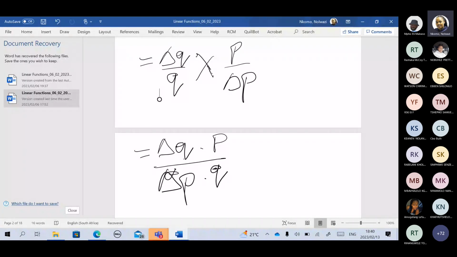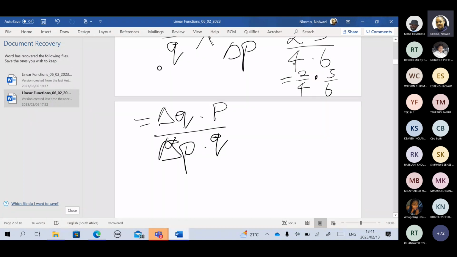And another thing, if you have, let's say, 2 times 3 over 4 times 6, you can write this as 2 over 4 times 3 over 6, and you'd get the same answer, right?